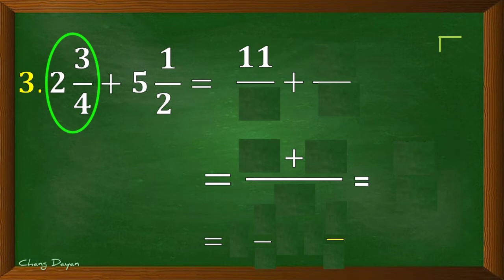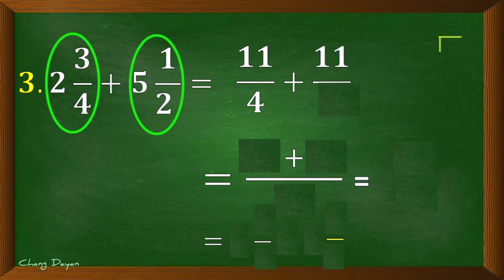Next, i-convert naman natin ang 5½ sa improper fraction. So, 2 times 5, the answer is 10. Plus 1, the answer is 11. Then, copy the denominator.